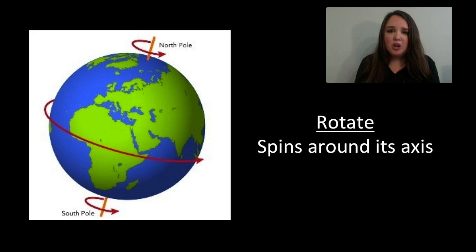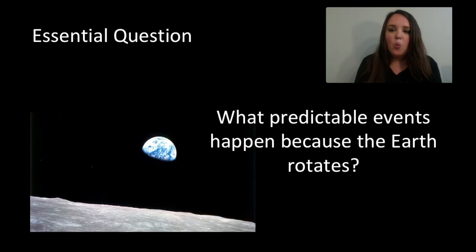So when we talk about the Earth's rotation, what we're talking about is the Earth spinning around its axis. Now that we've covered that, let's take a look at the essential question again. What predictable events happen because the Earth rotates? Why don't you take a minute and pause the video, see if you can come up with any ideas that would match our question.